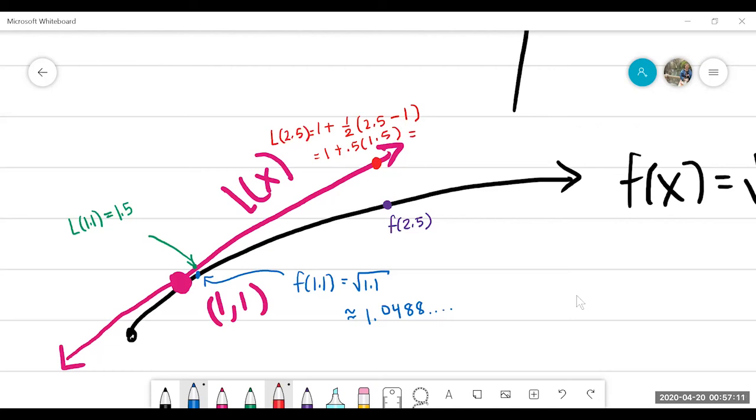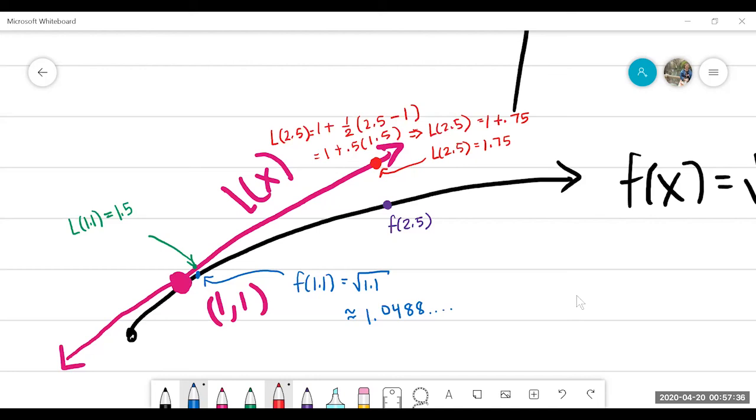So this gives us L of 2.5 is equal to 1 plus 0.75. L of 2.5 is 1.75. And that's this orange value right here. Okay, again, that's on the tangent line, the linear approximation value.